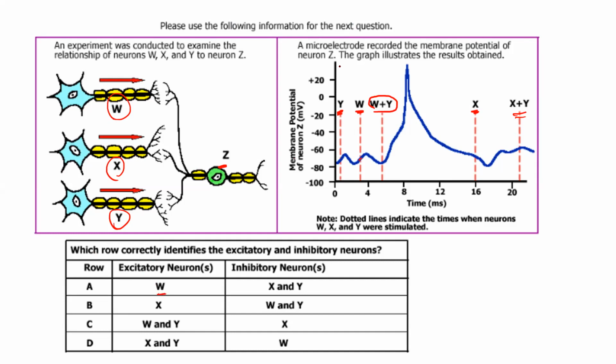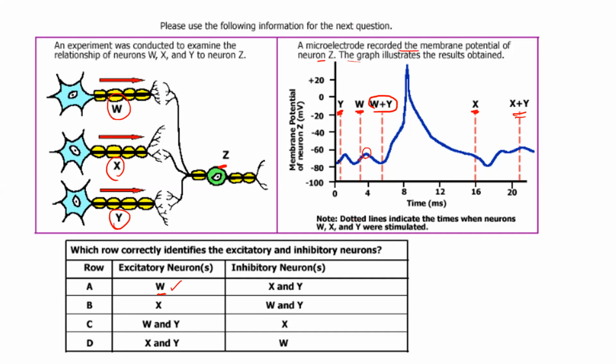Well, the microelectrode recorded the membrane potential of neuron Z. The graph illustrates. So when, note, dotted line indicates the times when the neurons were stimulated. So when neuron W stimulated, neuron Z depolarized. So we would say it's excitatory.